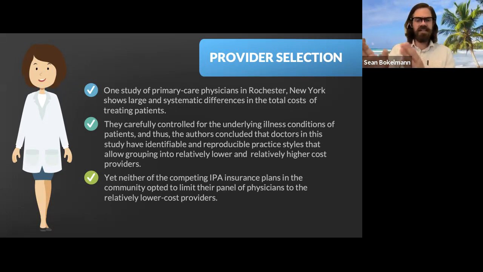We can clearly delineate relatively easily low cost providers from high cost providers, but at the end of the day, the MCO wasn't willing to commit to only selecting the low cost providers. They wouldn't constrain themselves in that way, which is kind of ironic actually, because that's the whole point of MCOs, is they're putting constraints on doctors and consumers to try to reduce costs, but they won't do it to themselves, which is kind of ironic.